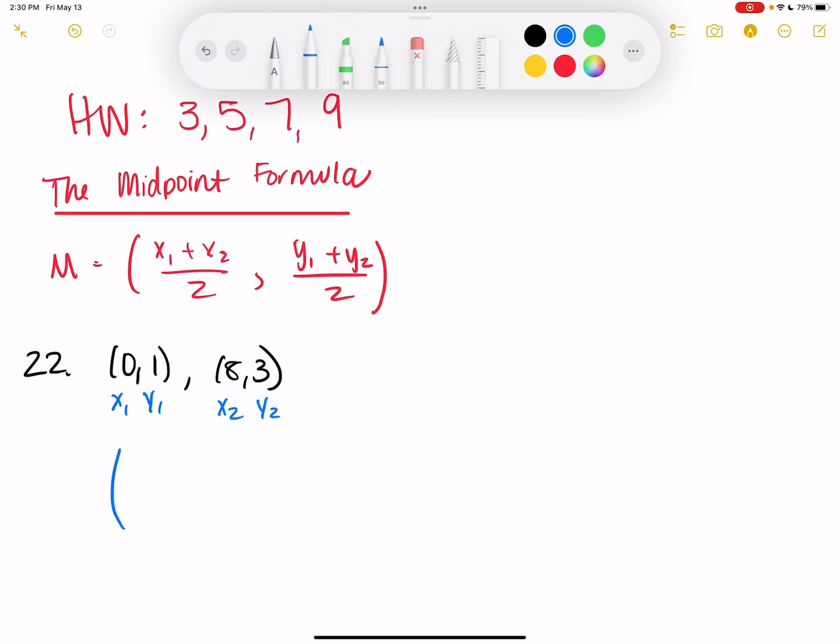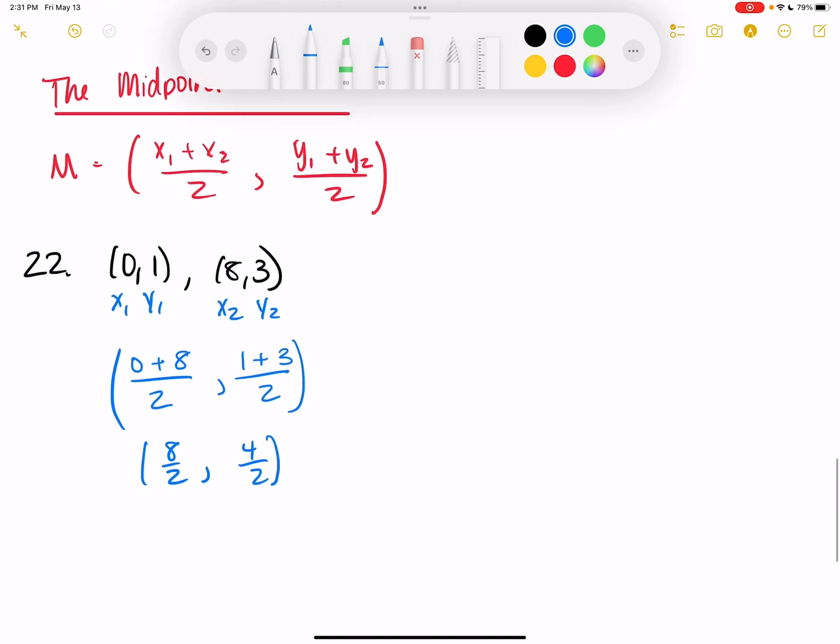So X1 is 0 plus X2 is 8 over 2, comma, Y1 is 1 plus Y2 is 3 over 2. So this is 8 over 2 and 4 over 2, which reduce down to 4 and 2. And so your midpoint is at (4, 2).